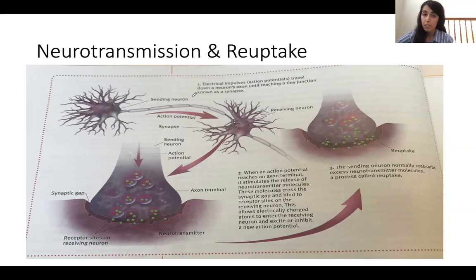So neurotransmission, what you should know is that the first part of how a neuron actually moves throughout the brain consists of an electrical impulse called an action potential. And this action potential actually travels down the axon, which we know is right here and right here, until it reaches this very small junction called a synapse.